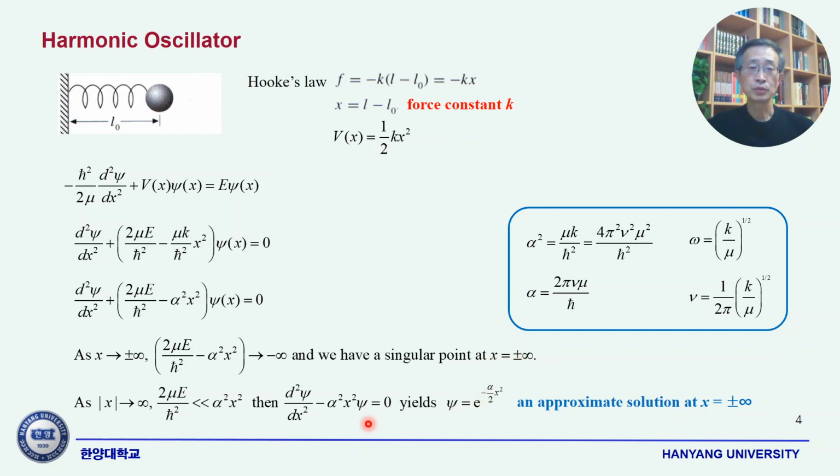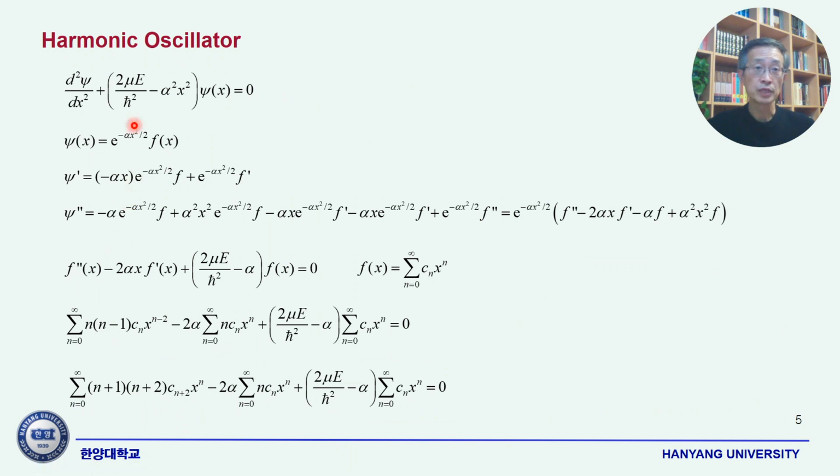So what we are going to do is try a series solution that includes this e to the minus alpha x squared over 2 and f of x. So psi, the solution to this Schrödinger equation of the harmonic oscillator, includes this part times f of x.